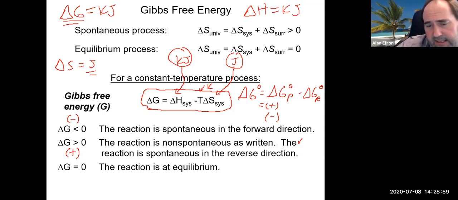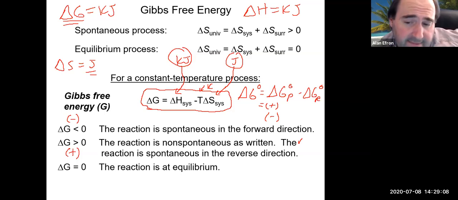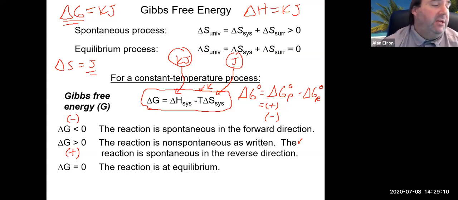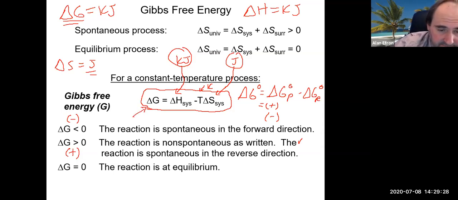So those are two ways you can calculate delta G. People sometimes ask, which way should I do it? And the truthful answer is, based on the information given to you, that's probably the best way to choose how to calculate delta G. So if you have a problem where they give you the delta H value and the delta S value, then I would go with this equation here.